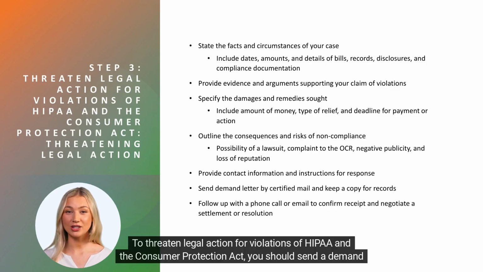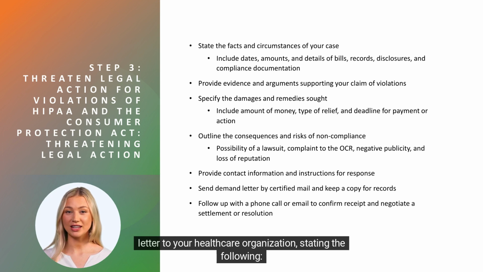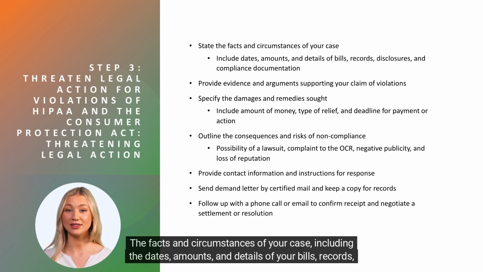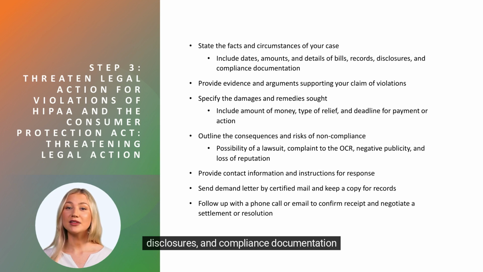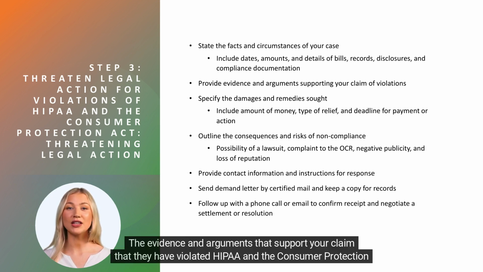To threaten legal action for violations of HIPAA and the Consumer Protection Act, you should send a demand letter to your healthcare organization, stating the following: the facts and circumstances of your case, including the dates, amounts, and details of your bills, records, disclosures, and compliance documentation. The evidence and arguments that support your claim that they have violated HIPAA and the Consumer Protection Act.